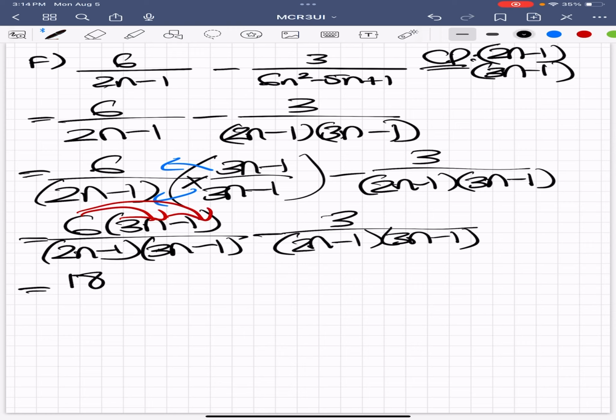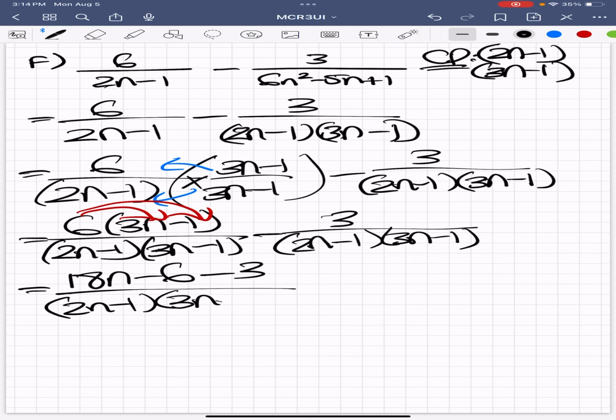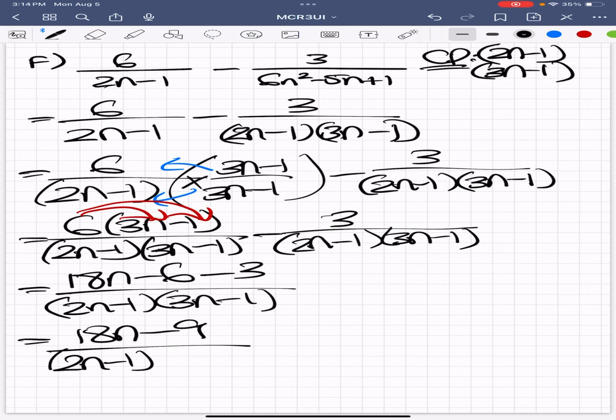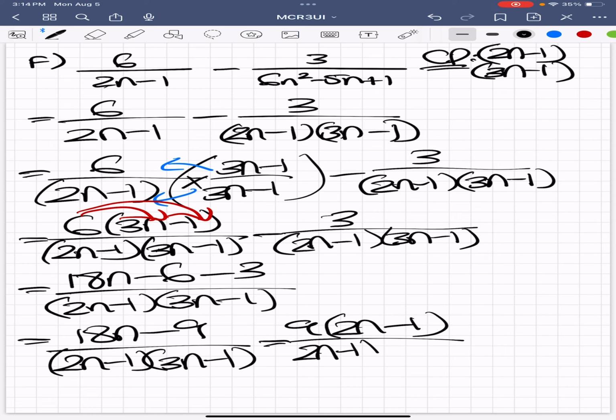So we have 18n - 6 - 3 over (2n - 1)(3n - 1), and then we have 18n - 9 over (2n - 1)(3n - 1), and then we have a common 9(2n - 1) over (2n - 1)(3n - 1).